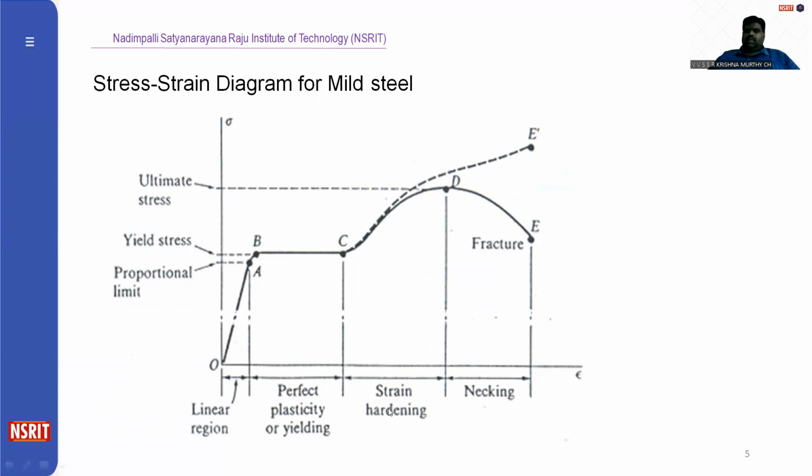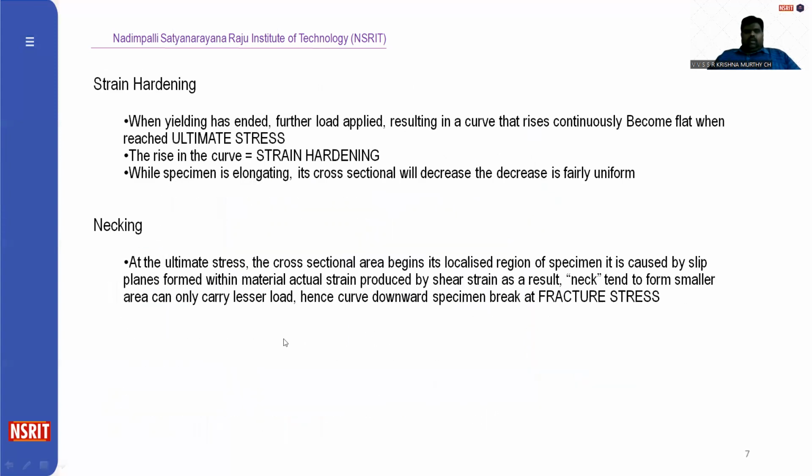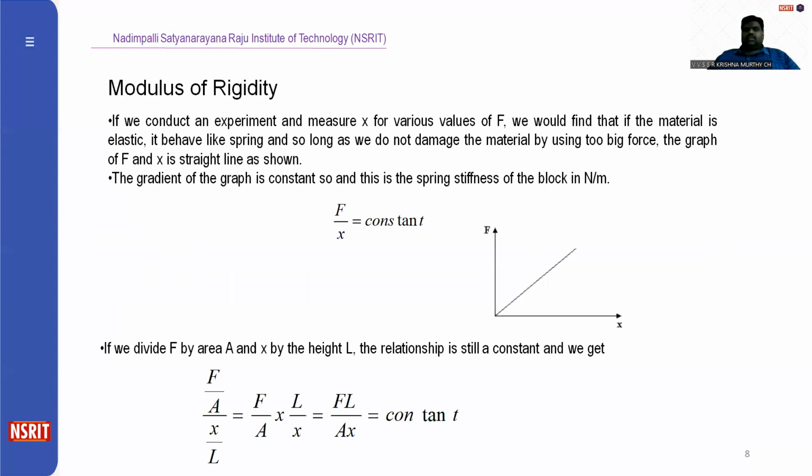So what do we mean by strain hardening? Once yielding has ended, with the load applied, the curve rises continuously and becomes flat when it reaches the ultimate stress. While the specimen is elongating, its cross-sectional area decreases fairly uniformly. After that point, it forms a necked region, with slip planes within the material and shear strain as a result. The neck tends toward a smaller area and the specimen reaches the fracture stress.